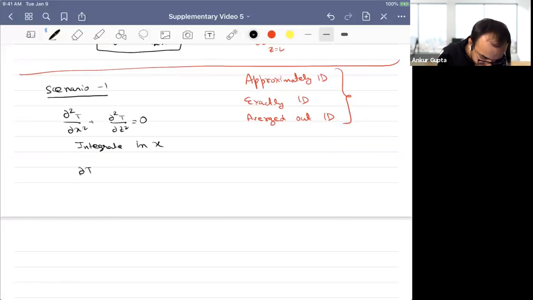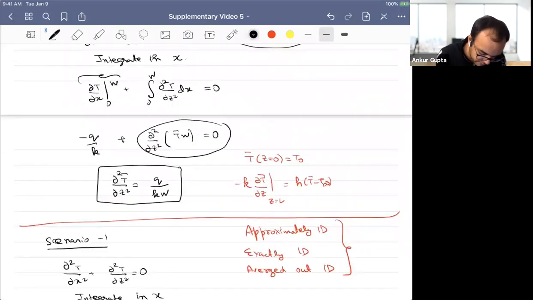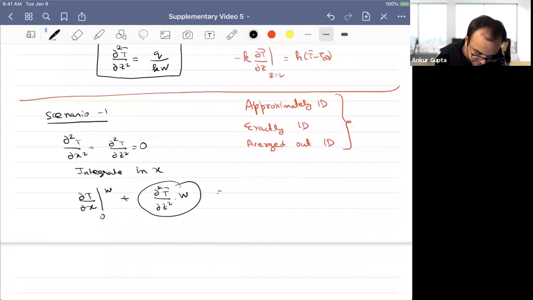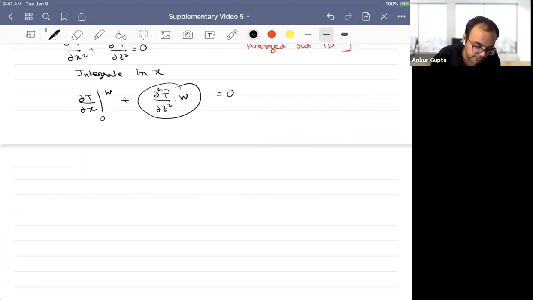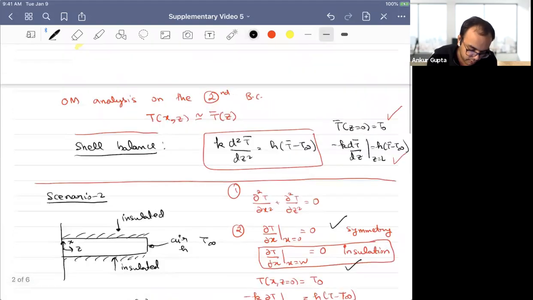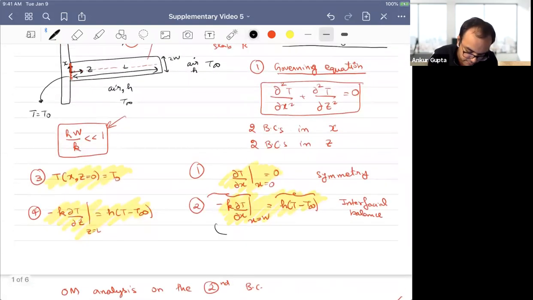Now integrate in x again. So you get del T by del x from 0 to w, plus, as we have discussed, del square T bar by del z square times w, using exactly the same term here. Now note that to write an exact ordinary differential equation in T bar, I need to evaluate del T by del x, and the boundary condition for scenario 1 was del T by del x at x equal to w is this.